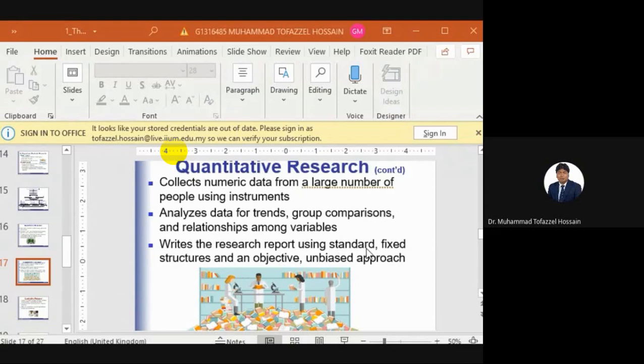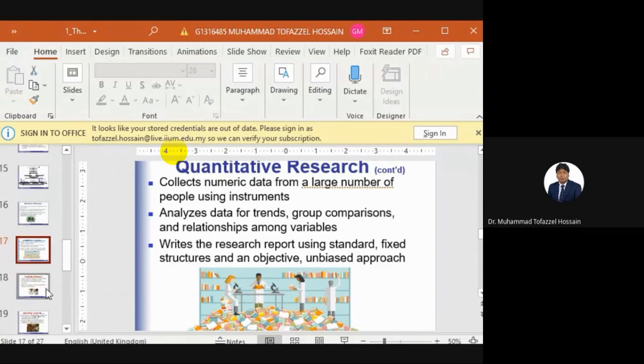So it means based on your reader, fixed structures, and an objective approach, you have to remember that you have to always be unbiased. You should not be biased. You cannot say, "I am a girl, so I will speak in favor of girls and call the boys bad." No, a researcher cannot be biased. A researcher must be unbiased.